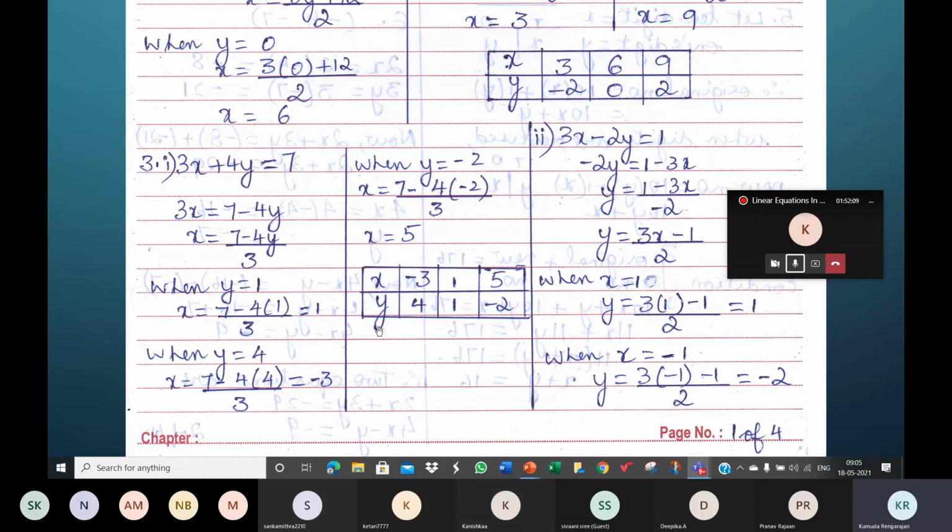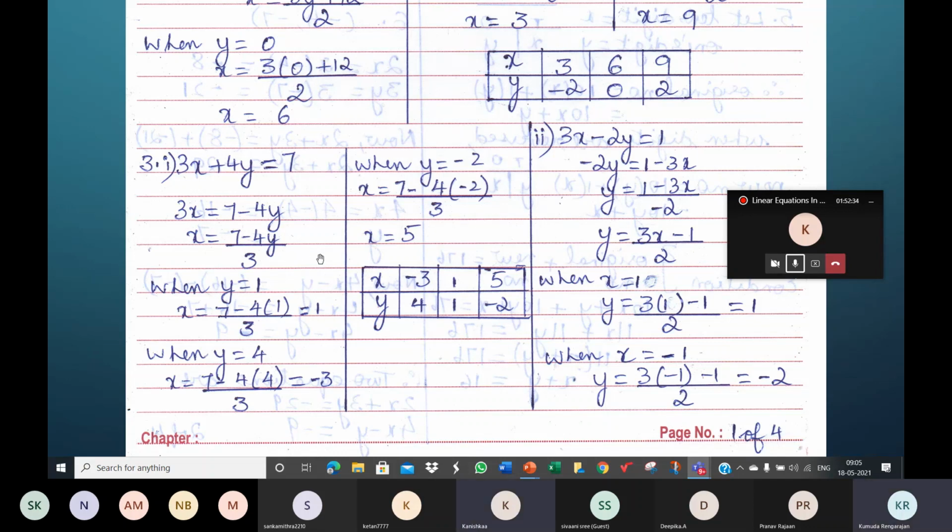Ma'am, if y is equal to minus 1 and x is equal to 1, can we do it? Y is equal to minus 1, ma'am. And x is equal to 1, can we do it? You cannot assume both, no? When y is equal to minus 1, you should find x, right?